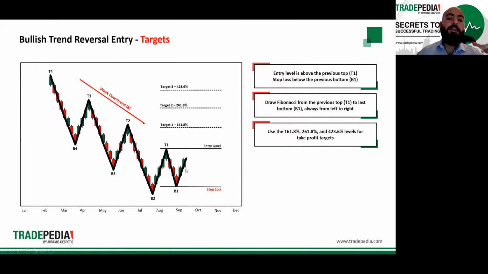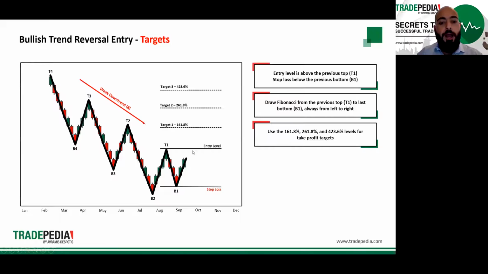Well, I advise you guys to always use this exit strategy. We set our entry, we set the stop loss, we set our targets, and by the way, all these entries, stops, and targets will be highlighted automatically by the indicator. You don't need to do anything. You don't even need to draw Fibonacci. The indicator will do all the hard work for you.